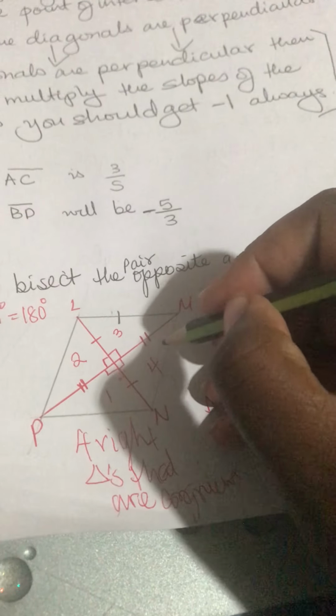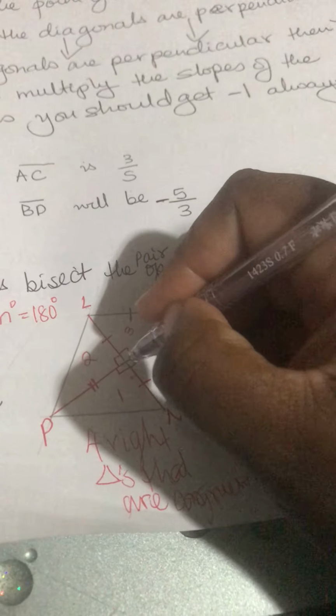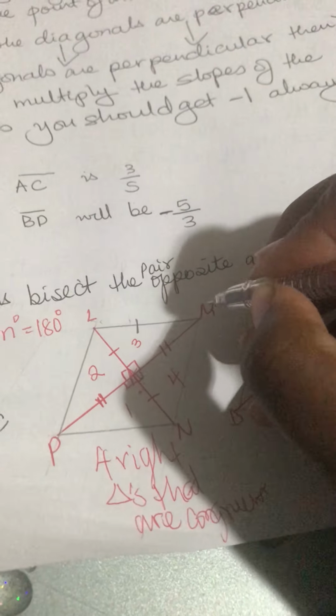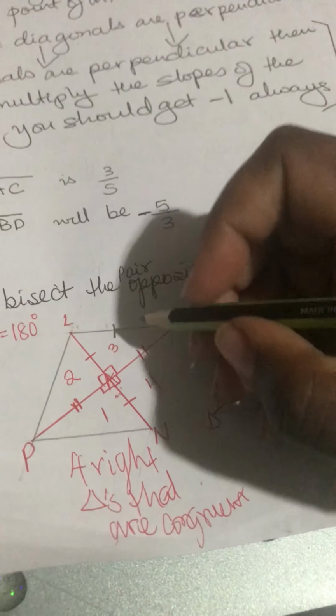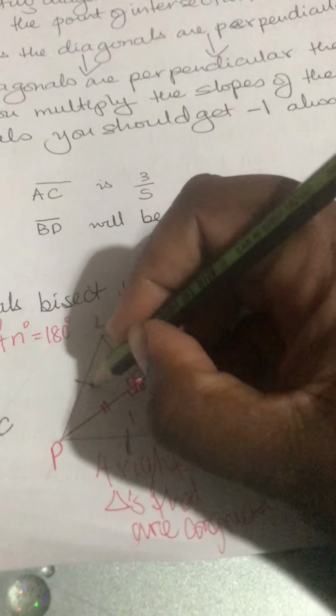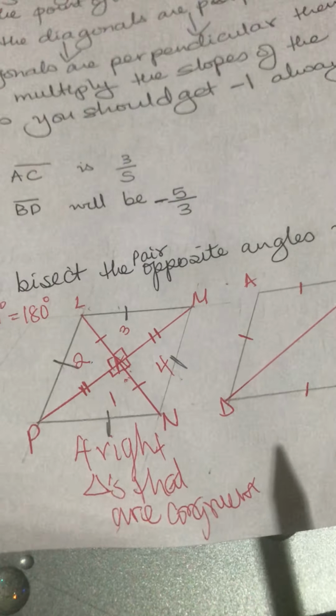Why? Because if you look at L, let's put here A. LAM is the same as MAN. Put the tick mark over here first, and put a tick mark over here. All right. If you look at each of these 4 triangles, they all look the same.